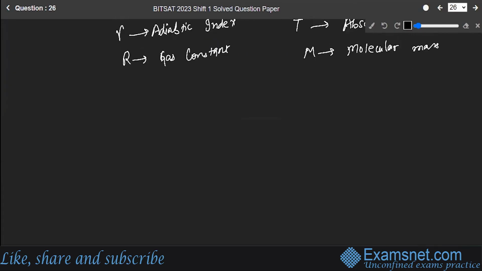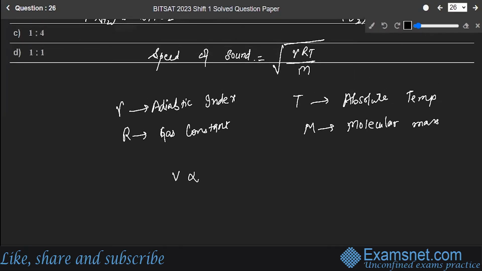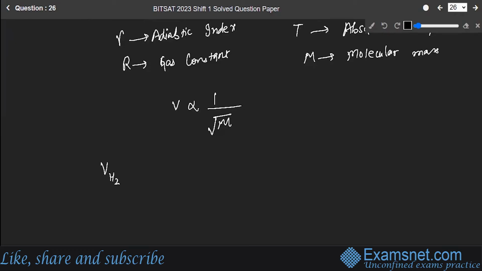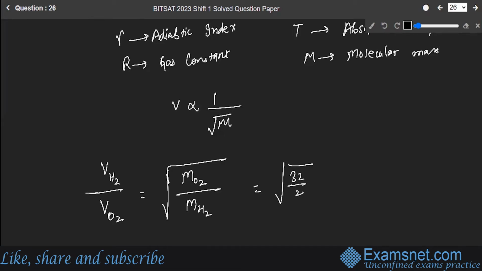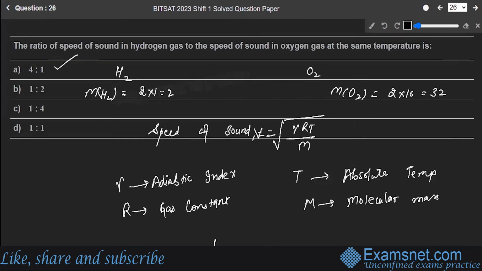Right, so that means the speed of sound, let's say this is equal to V, is inversely proportional to the root of M. So the speed of sound in hydrogen upon the speed of sound in oxygen is given by the root of the molecular mass of oxygen divided by the molecular mass of hydrogen. This is 32 upon 2, or this is equal to 4:1. Right, so you have the first option as the correct answer.